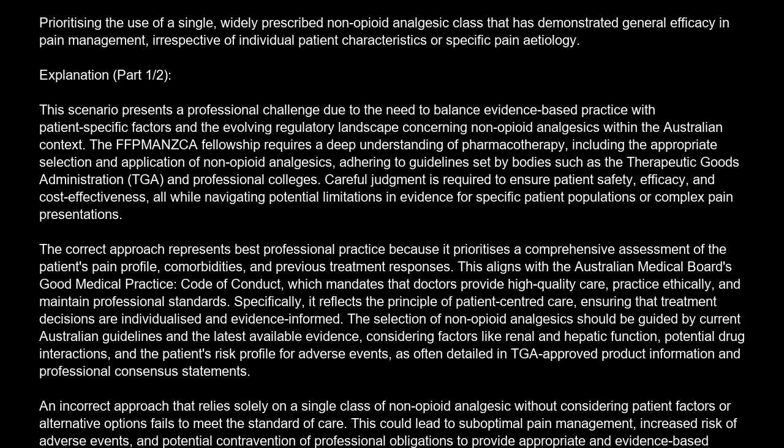An incorrect approach that relies solely on a single class of non-opioid analgesic without considering patient factors or alternative options fails to meet the standard of care. This could lead to suboptimal pain management, increased risk of adverse events, and potential contravention of professional obligations to provide appropriate and evidence-based treatment.